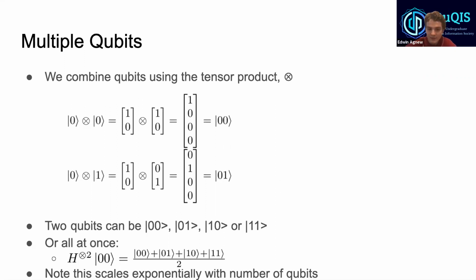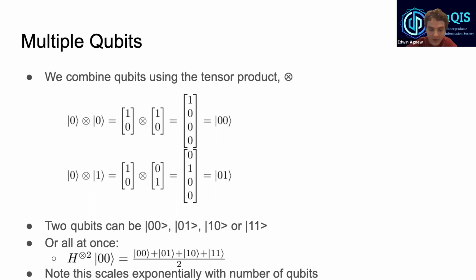So there's 4 different things that 2 qubits could end up in, which as you might have guessed would be 0, 0, 0, 1, 1, 0, and 1, 1. And because of our superpositions, it can also be in all 4 of them at once.